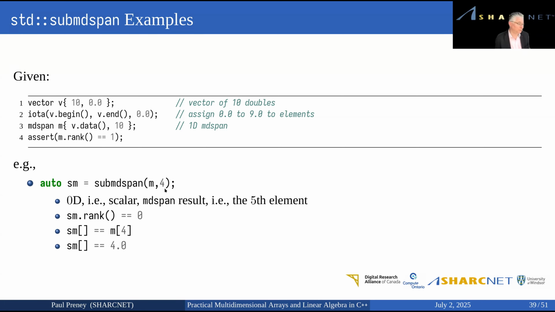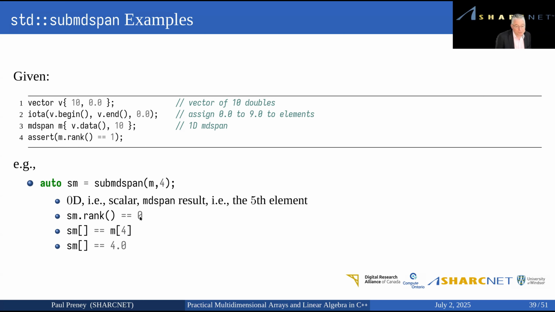If I ask for the fifth element, because it starts at 0, remember, everything starts at 0 in C++, we get a 0D result. It does work with that. mdspan supports 0 dimensions. That means effectively your array brackets are empty.